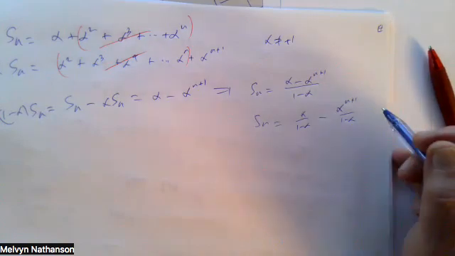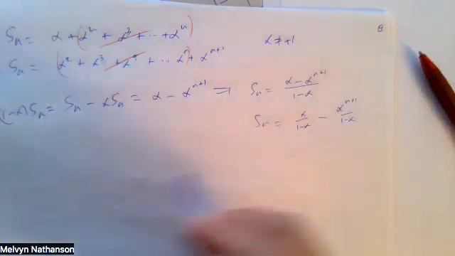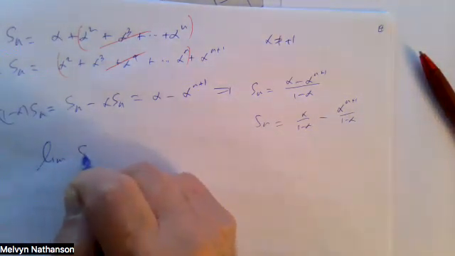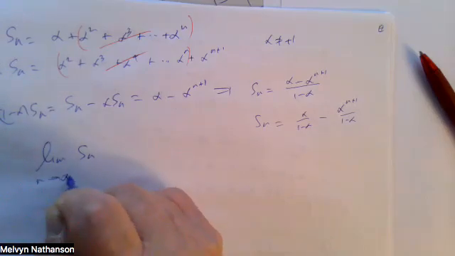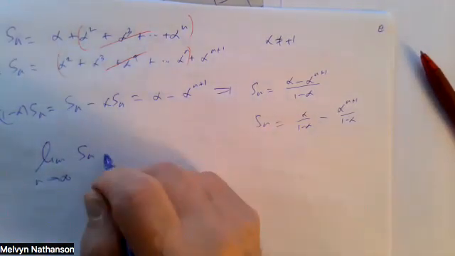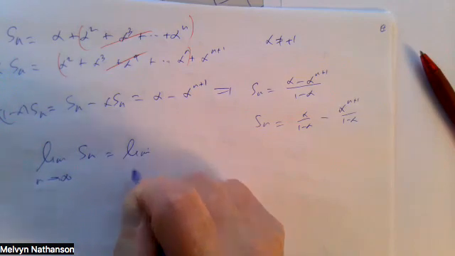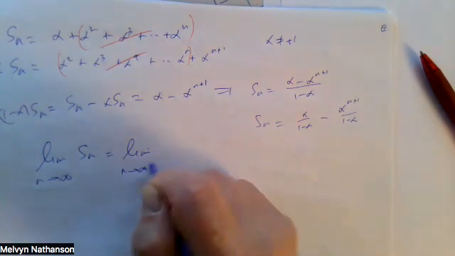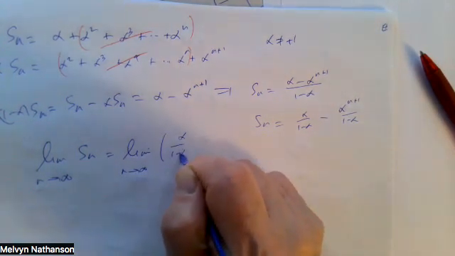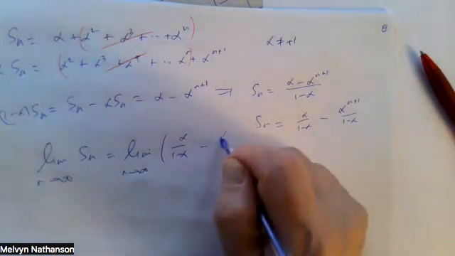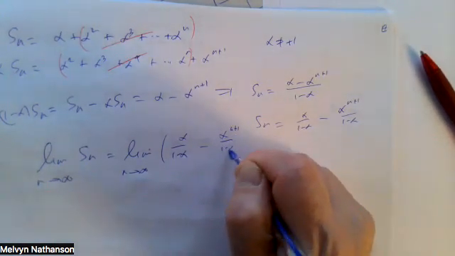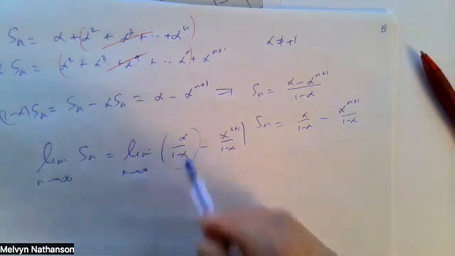That's what Sn is. And the question is, what is the limit of this as n goes to infinity? So I'm letting n go to infinity, alpha over 1 minus alpha minus alpha to the n plus 1 over 1 minus alpha. This is a constant.